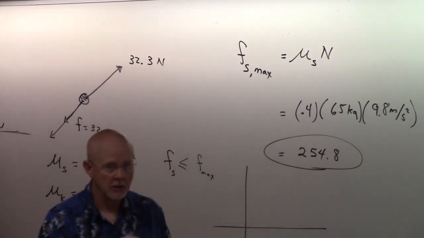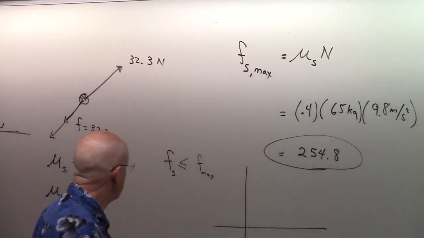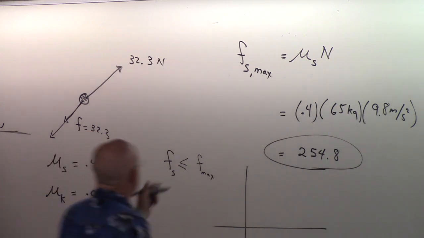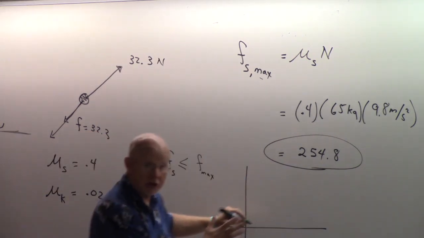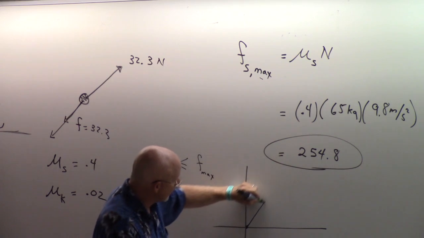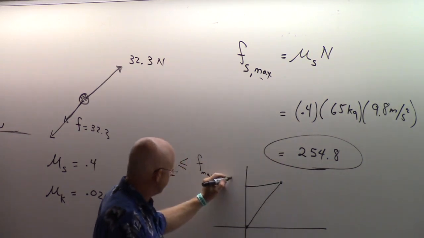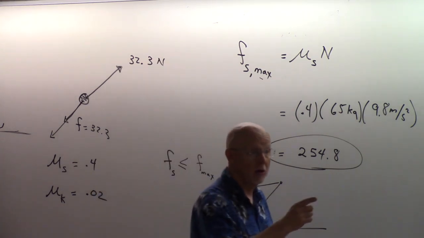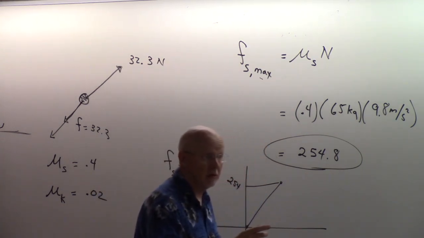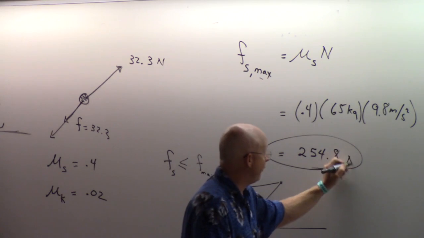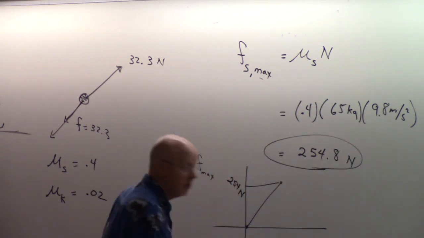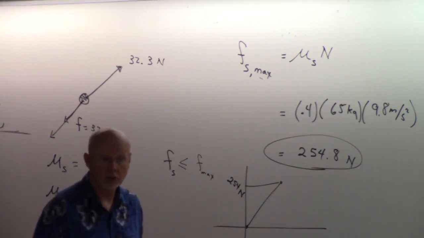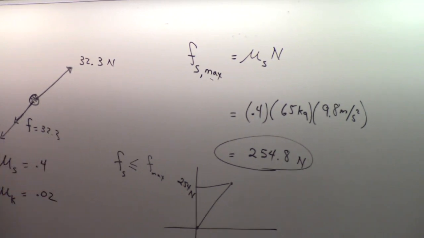Yeah. So 254, what value is that? So 254 is the most the friction can be. On this graph, the static friction can go up to 254. And the units are meters? Yeah, and all forces are in newtons. So I should put Fs max. What is the value of Fs?